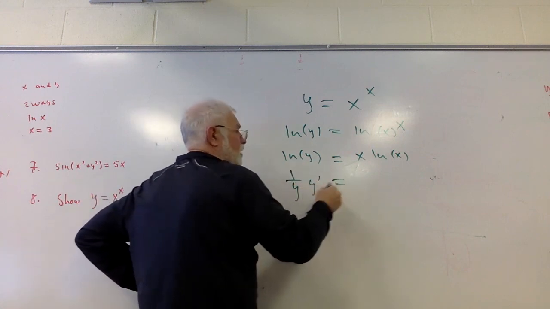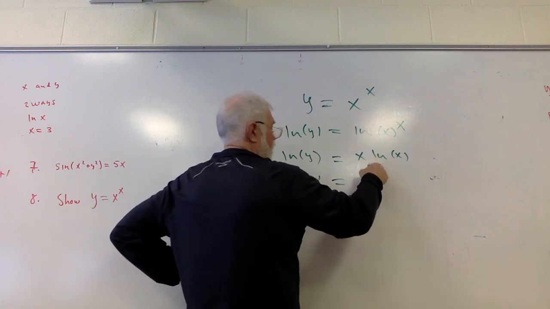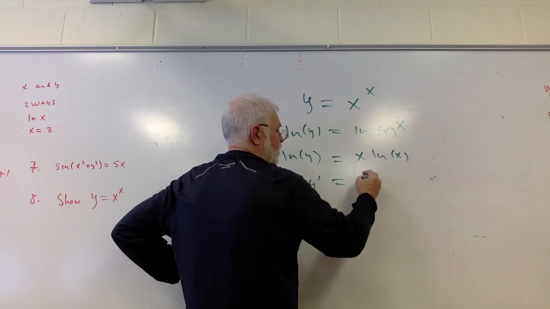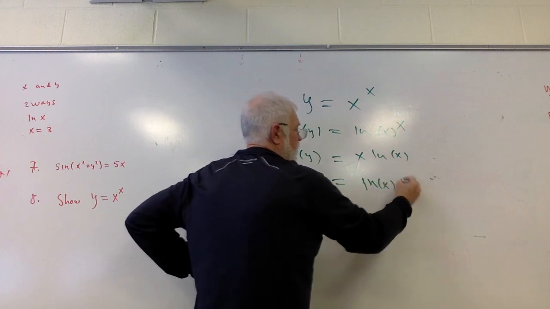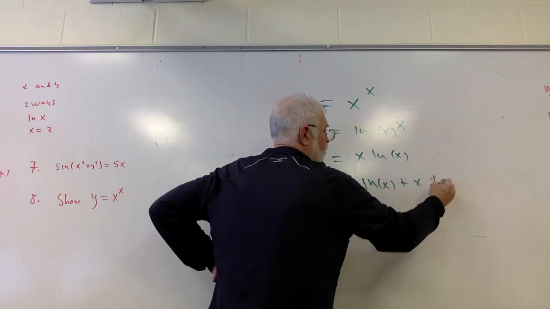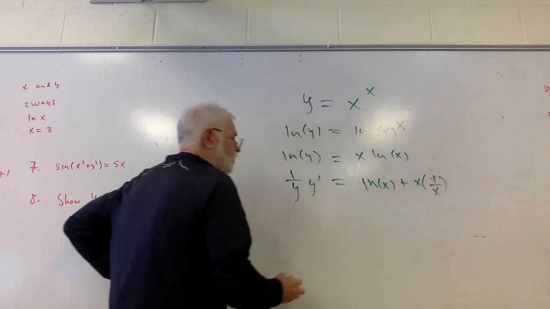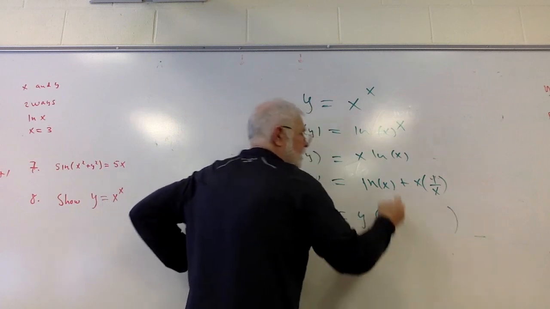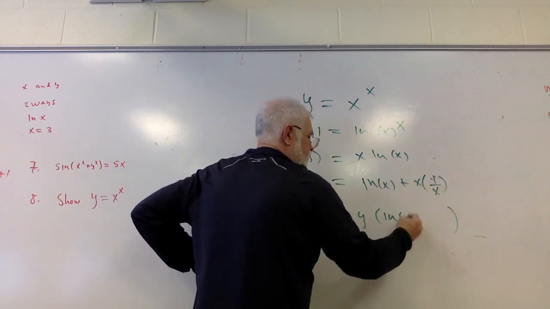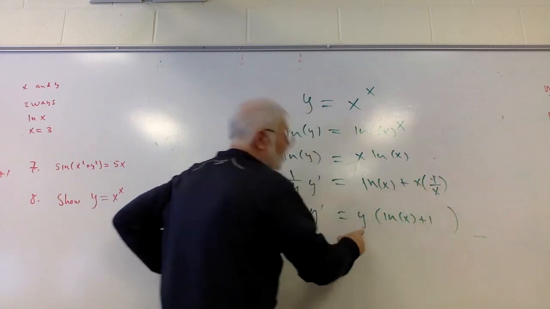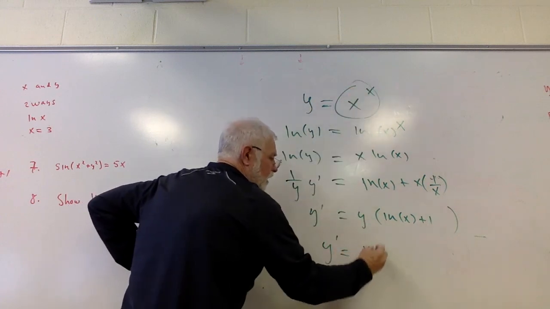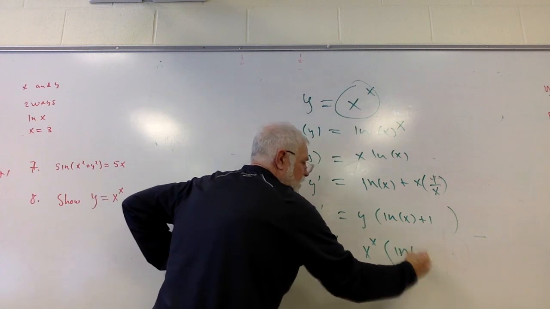That's what we're after, is equal to the derivative on this side, which is product rule. So that's 1 times ln of x plus x times 1 over x. We'll clean that up a little bit. Y prime is equal to y times ln of x plus 1. And we know what y is. It's x to the x. So y prime is x to the x times ln of x plus 1.